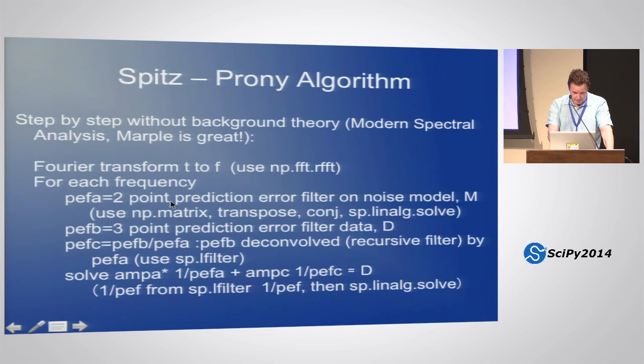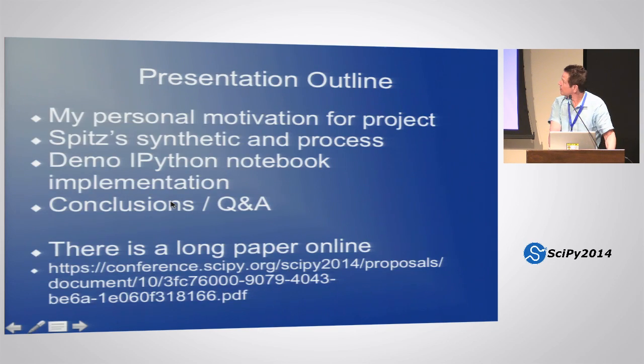And let's see what I've got next. So at this stage, I'm going to go ahead and move on to the IPython notebook and show you some of the code that I used to develop that.